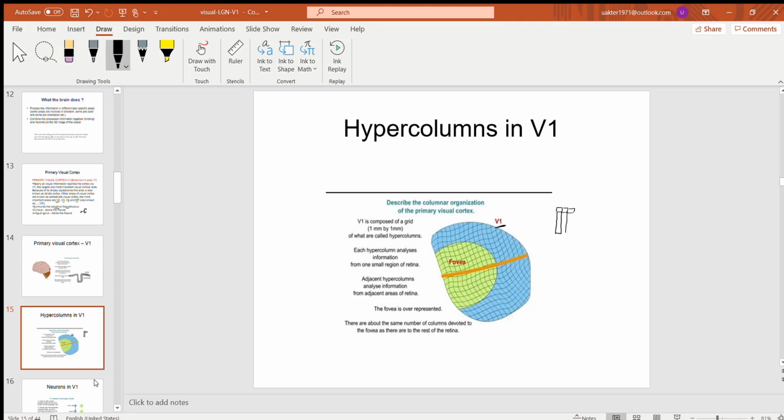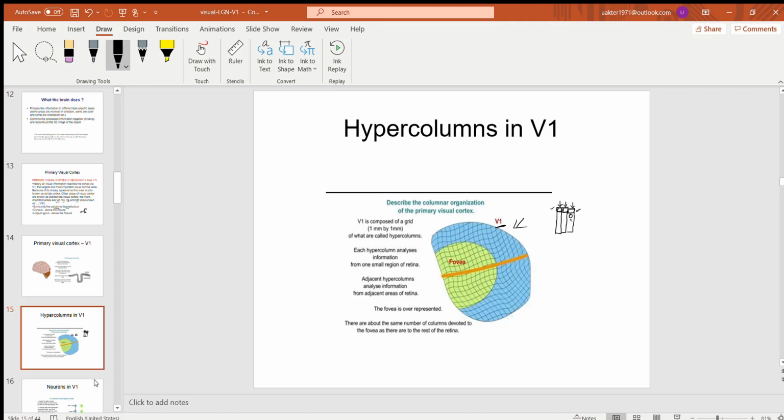If you see from the top and record the response, you will see that they are like this. But if you look inside, this is the surface of the cortex, and inside they are actually like columns. The neurons within each column respond similarly.